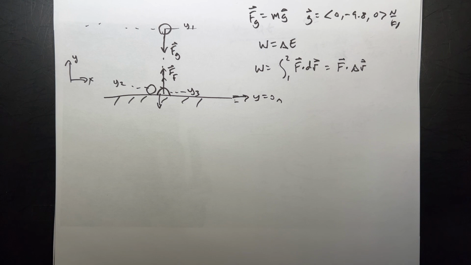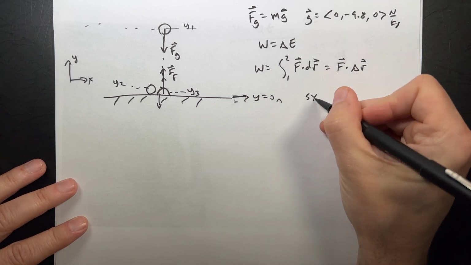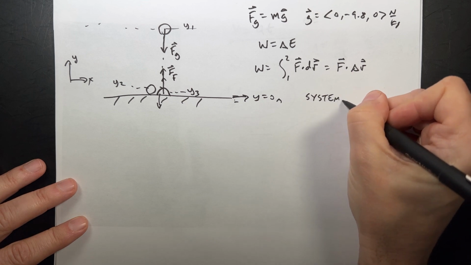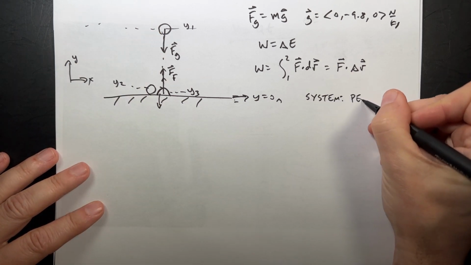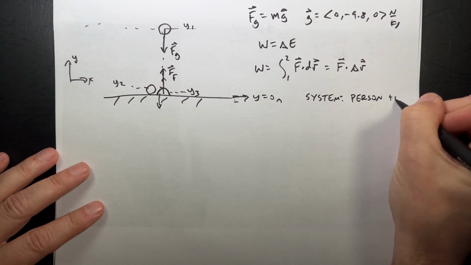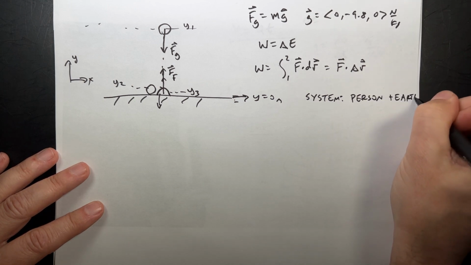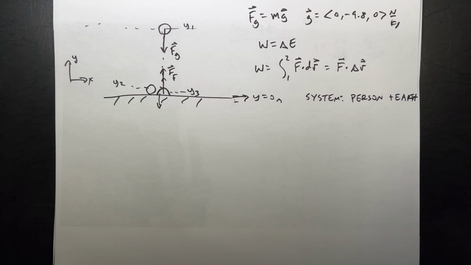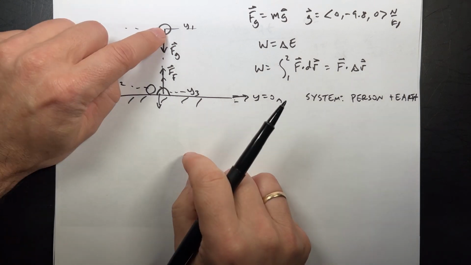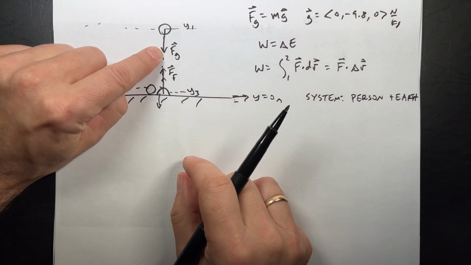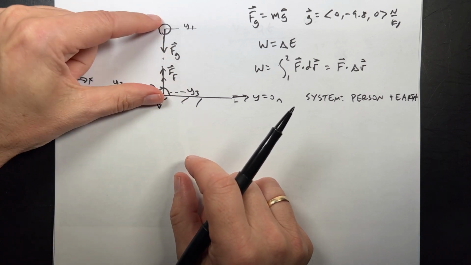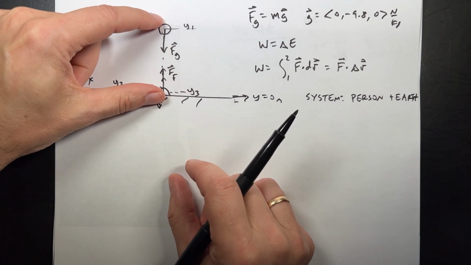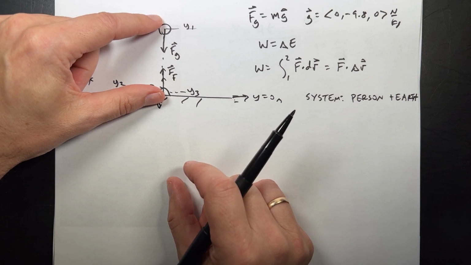Now, in order to do work and in order to use energy, we have to declare our system. So let's say the system consisting of the person plus the earth. If that is my system, then I have this gravitational force pulling down on the person, but that force pulls up on the earth. And so that means that this is an internal force and does not do external work.